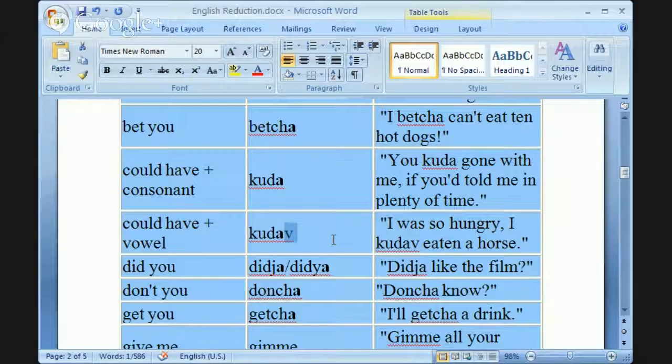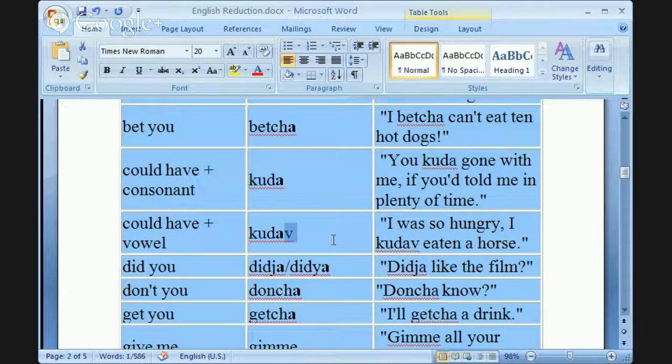So this is another systematic type of reduction with have: could have, would have, should have. A modal plus have is very common in English.